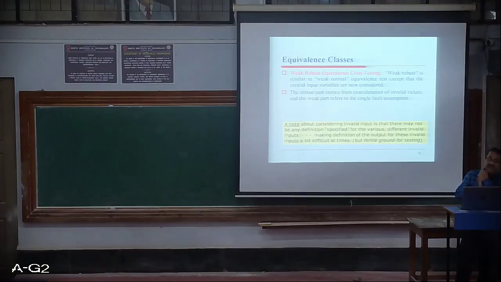Weak robust is about the invalid part, that is, the invalid inputs to be considered. So weak robust is similar to weak normal, in the sense that we also consider the equivalence classes which are not in the valid range.